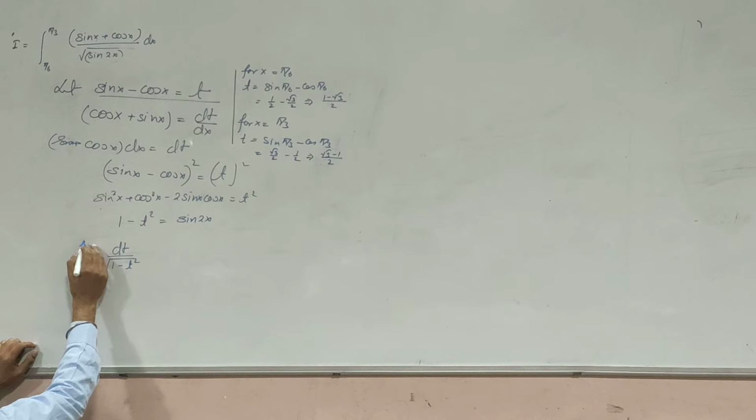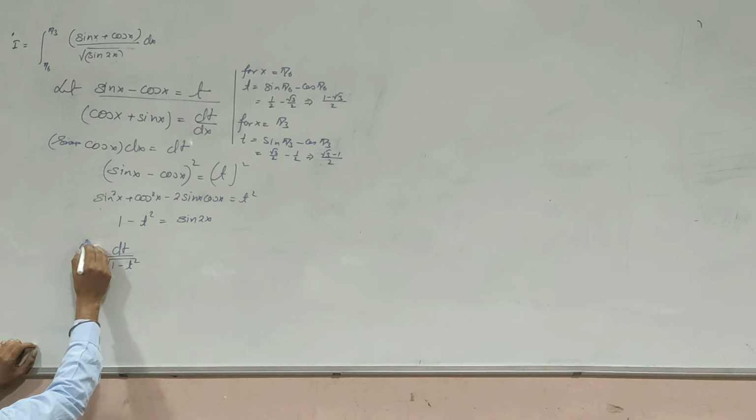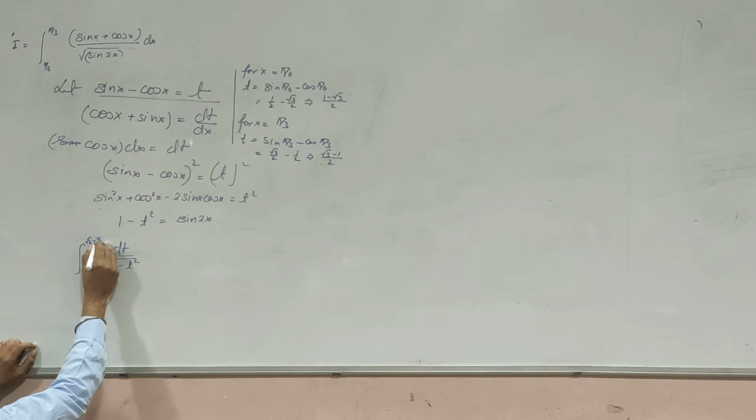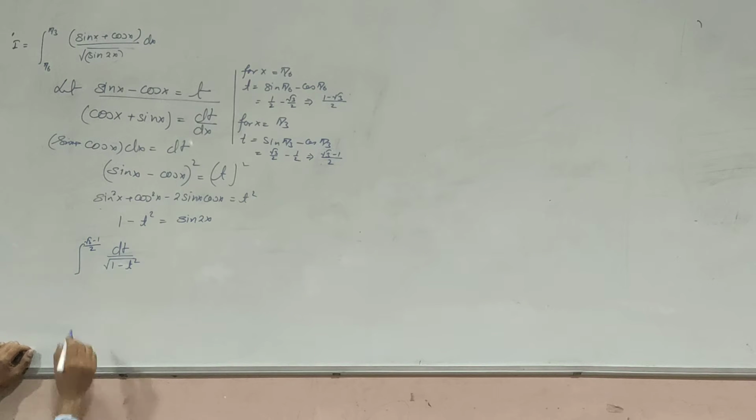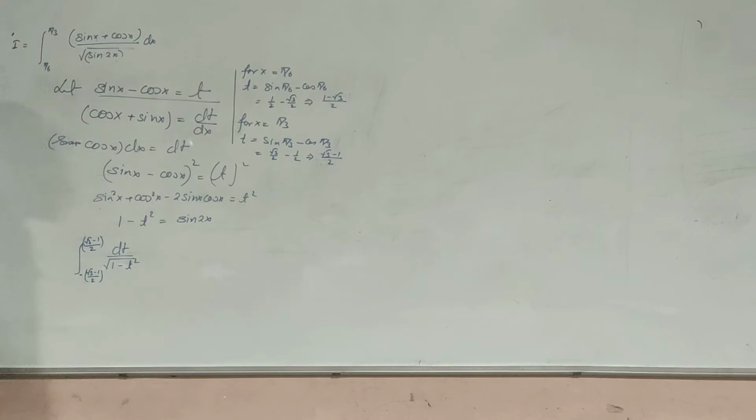Upper limit will be root 3 minus 1 upon 2, and lower limit, by taking minus sign common, will be minus of root 3 minus 1 upon 2. Both the limits are the same in magnitude.